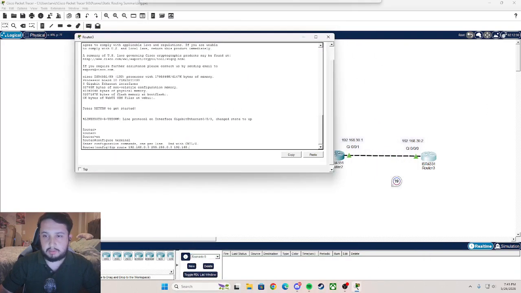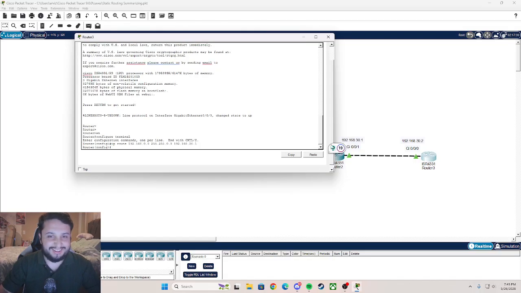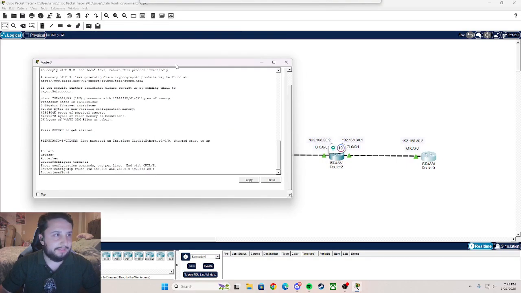R3's next hop is 68. Okay, perfect. Now I have all of them connected.